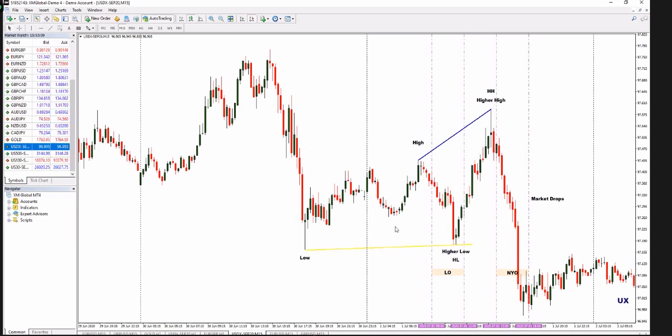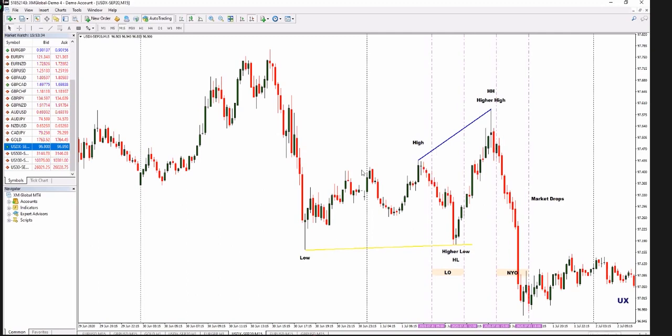Taking a look at this, when you are looking at correlation divergence, number one, you have to get straight what is higher high, higher low, lower high, lower low, because they are two different things. I denoted them here: if it's a higher high, it's HH. If it's a higher low, it's HL. Now, you're looking for this to be the opposite in the dollar.